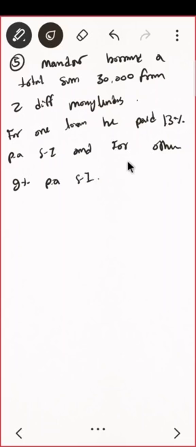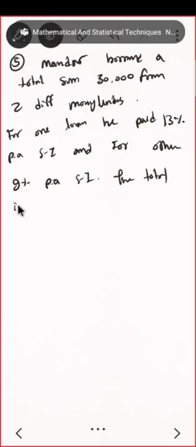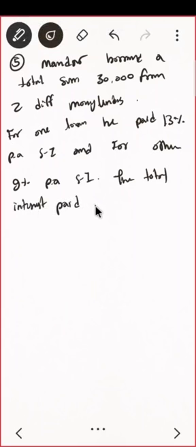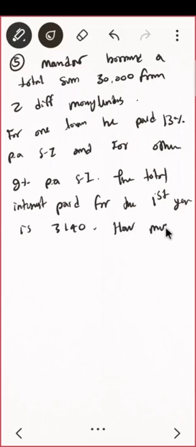The total interest paid for the first year is 3140. So the question is how much did he borrow from each money lender?